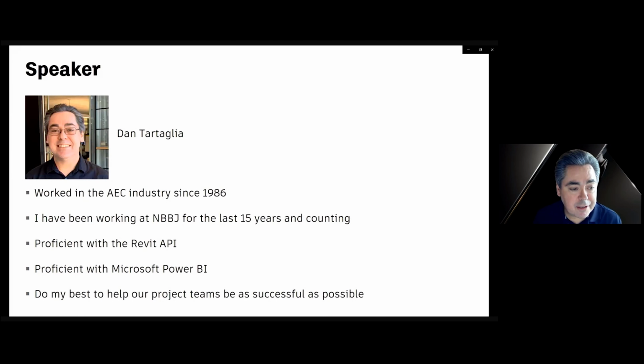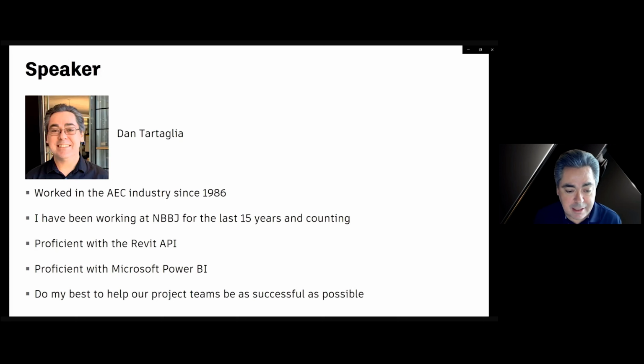My name is Dan Tartaglia. I've worked in the AEC industry since 1986. I've been working at MBBJ for 15 years. I'm an expert at Revit and the Revit API, along with Microsoft Power BI. And my job is really to do my best at helping our teams be successful.